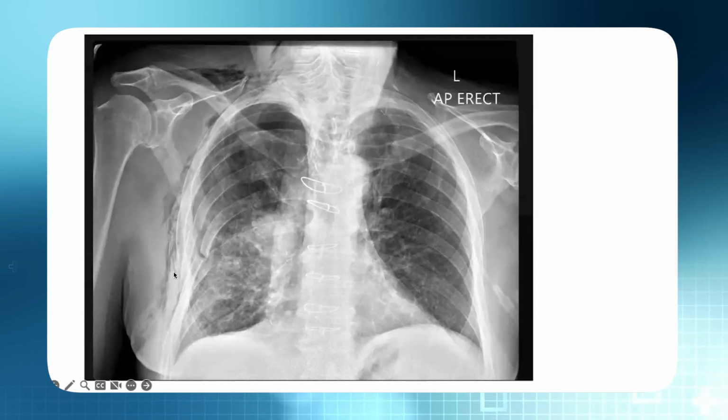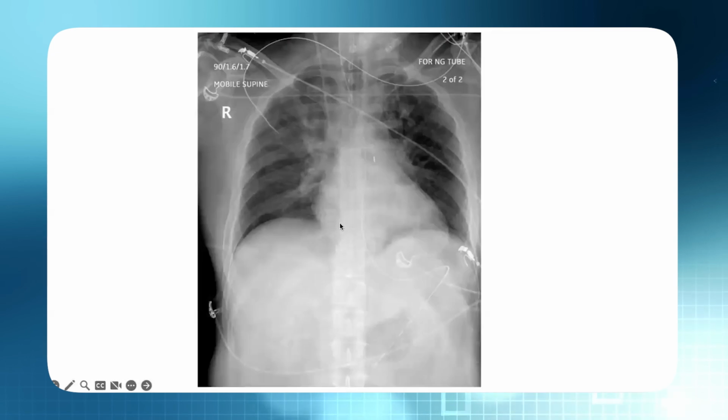There is a rib fracture, subcutaneous emphysema, lung contusion, the post-thoracotomy sutures, and a catheter in the left chest. So whatever you see, you must utter these things, otherwise you will not get the marks.